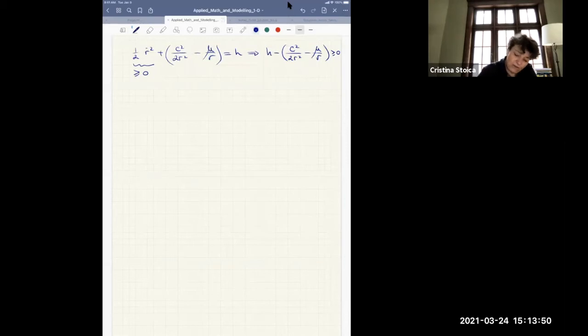So the range of motion of r is decided by this inequality.